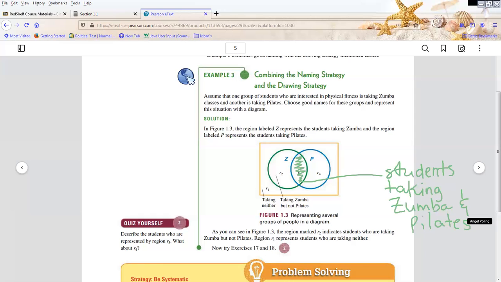And in region R4, that's just this outside space here in the P. So R4 is students who took or are taking Pilates, but not taking Zumba.